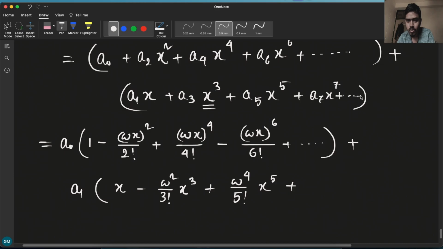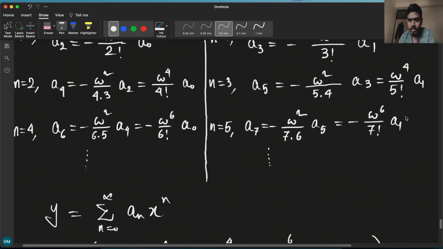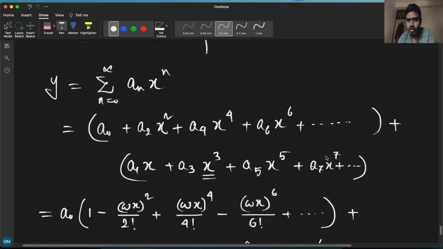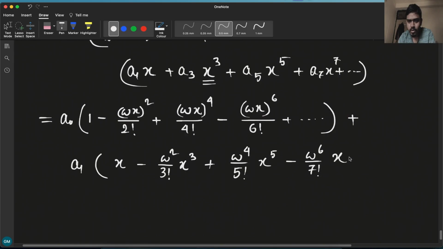What is a7? a7 is minus omega to the power 6 by 7 factorial times x to the power 7. a1 I have put outside, plus dot dot dot, continues.